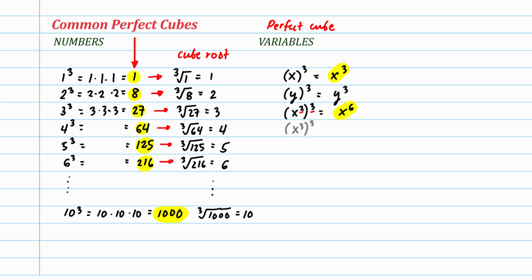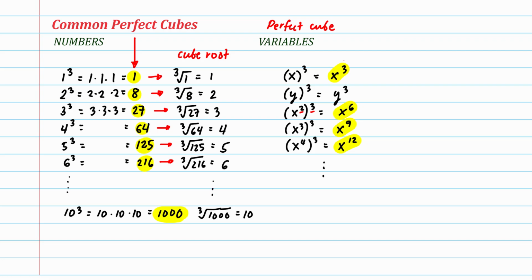Next, x cubed cubed means applying again the rules of exponents, multiply 3 by 3, thus it's equal to x to the 9th power. X to the 4th cubed means applying again the rules of exponents, multiply 4 by 3, thus it's x to the 12th, and so on.